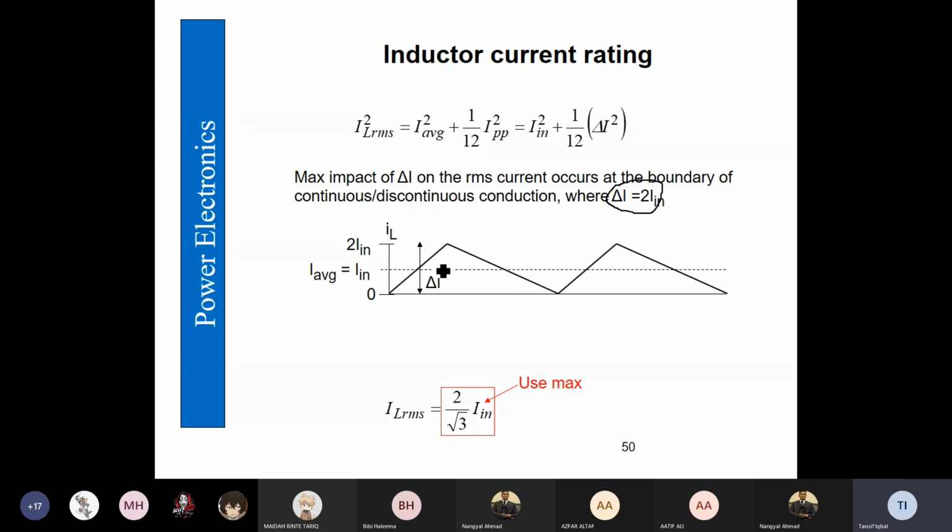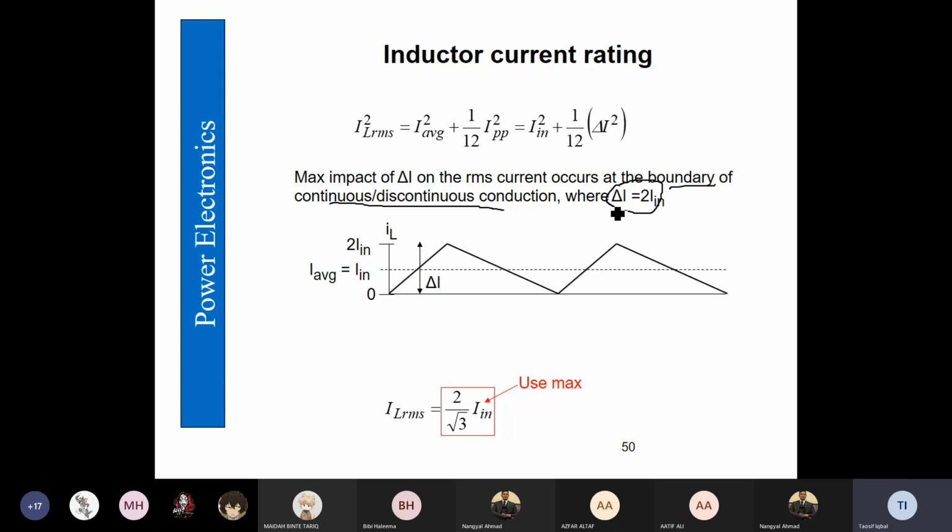The worst case is when the inductor current is operating at the boundary condition. It touches 0 for one instant and then starts rising again. This is called the boundary of continuous and discontinuous conduction mode, the boundary of CCM and DCM.